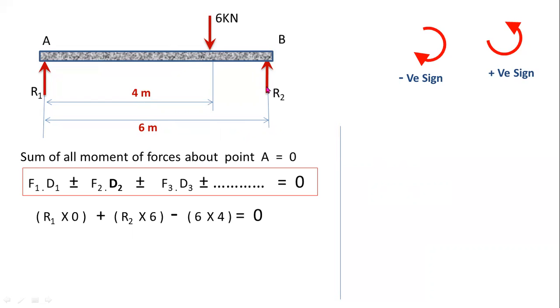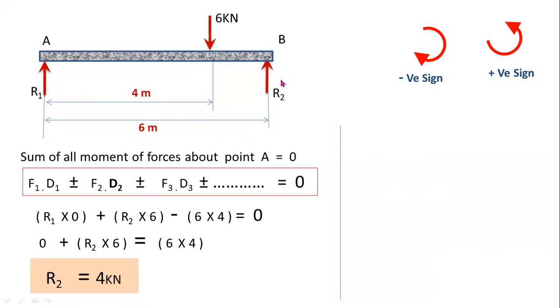This is the anti-clockwise moment, so positive sign. Now 4 meters is the perpendicular distance between point A and the 6 kilonewtons force. This is a clockwise moment, so negative sign. From this equation, R2 equal to 4 kilonewtons.